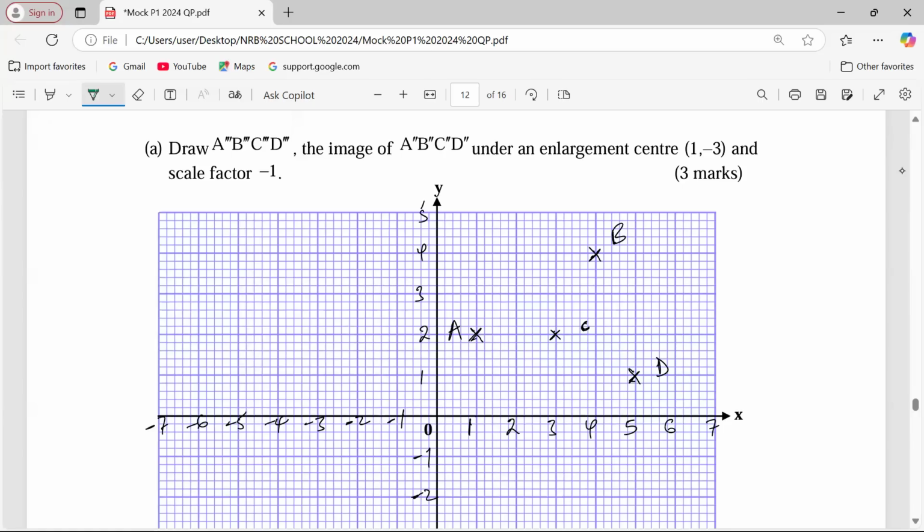People make mistakes of just joining coordinates blindly without knowing that there is a name that should be followed. A, B, C, D. Therefore, from A, we go to B, according to the name. From A, we join it to B. Then from B, we bring B to C. Then from C, we join to D.